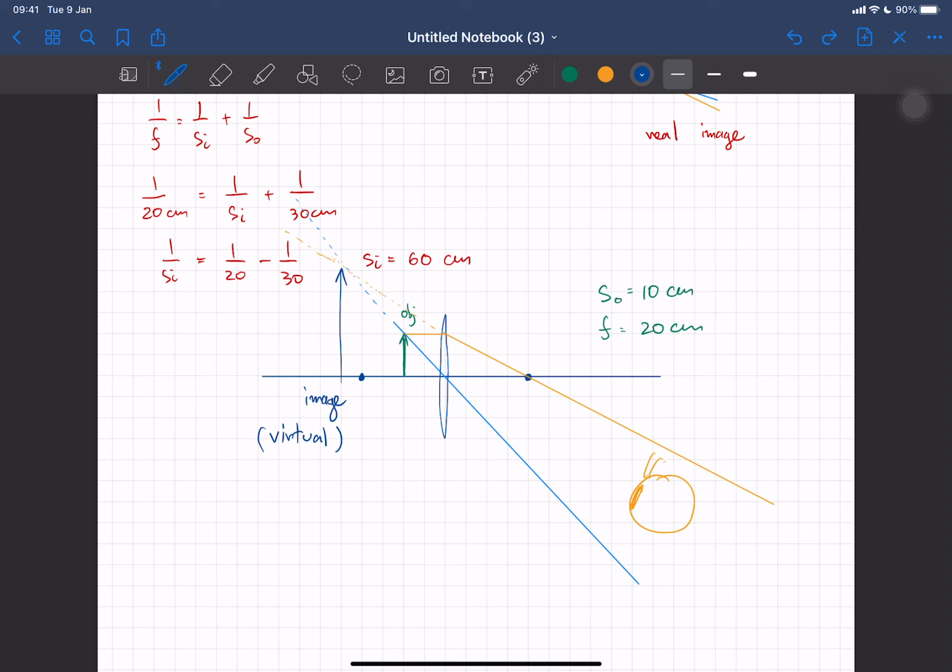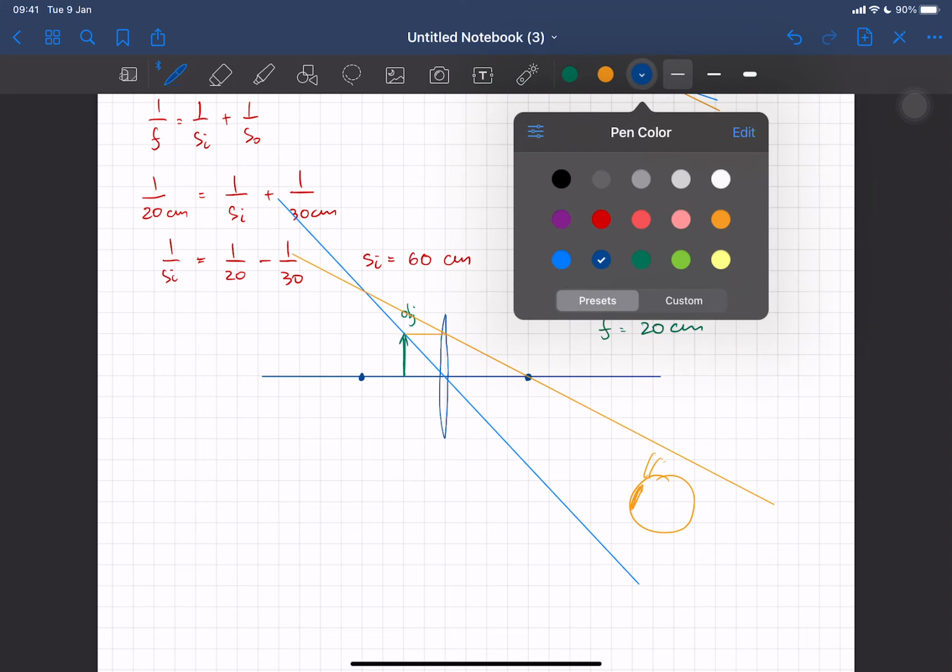Okay, so from this picture, we can try to estimate where this virtual image is going to be. So we want to be a little bit more careful in drawing the line. I actually want a dashed line, but I don't know how to do that. So we're just going to extend this line to here, and then extend this line to here. And then where they intersect is the image.